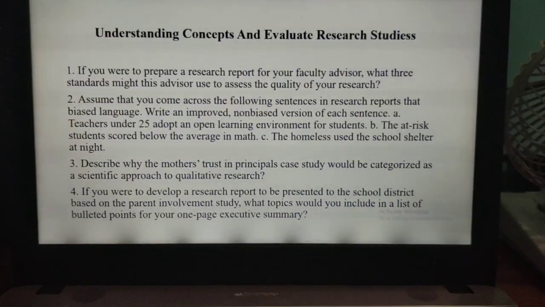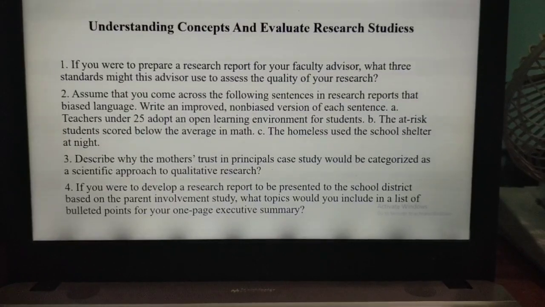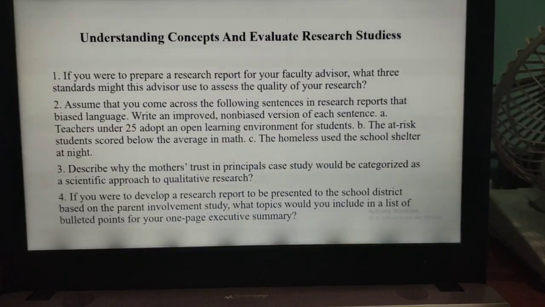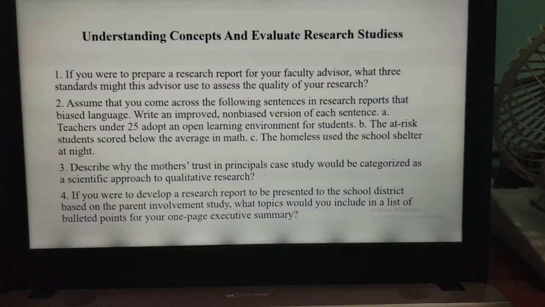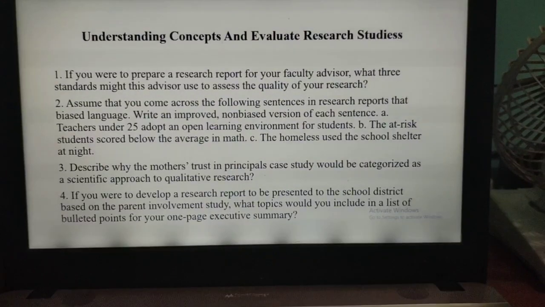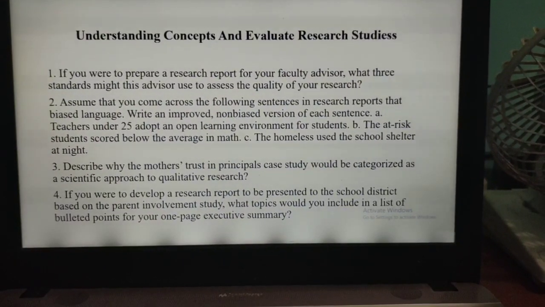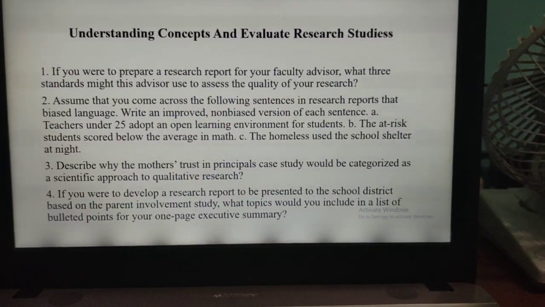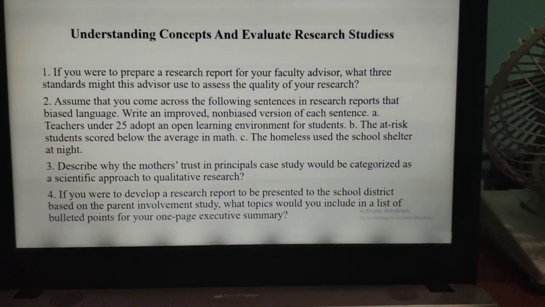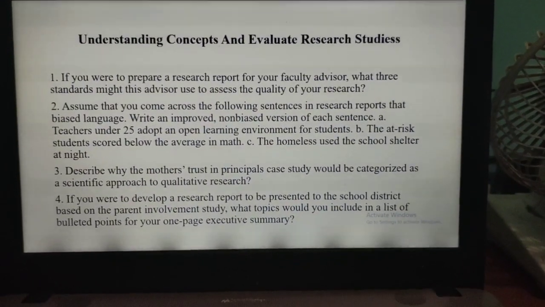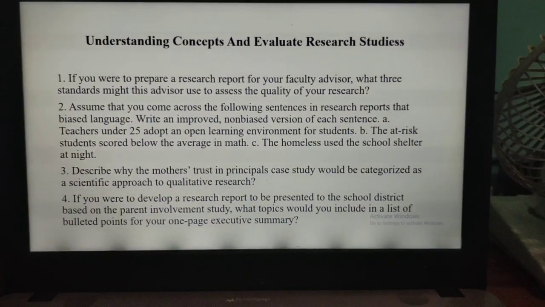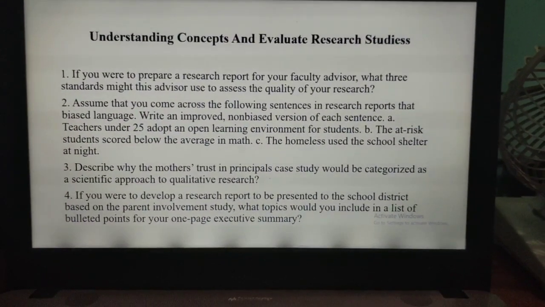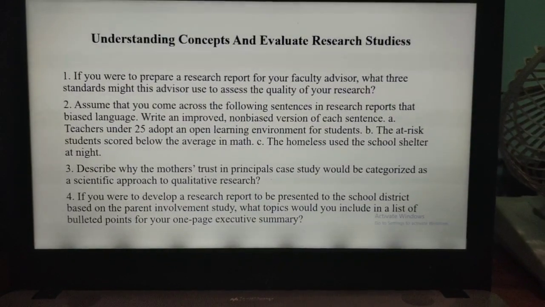Okay, and the last page is about understanding concepts and evaluating research studies. I found nine. The first is, if you were to prepare a research report for your faculty advisor, what three standards might this advisor use to assess the quality of your research? Number two is, assume that you come across the following sentence in a research report, and identify the best language.